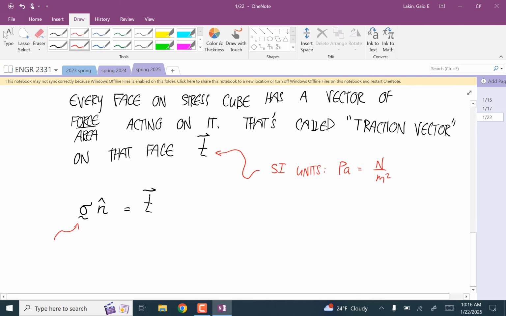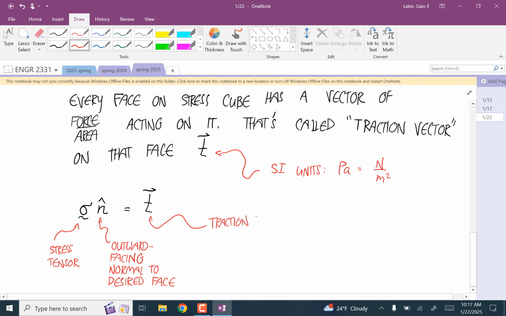So this is the stress tensor. This is the outward facing normal to the face, let's say to the desired face. And this is the traction vector on the desired face.